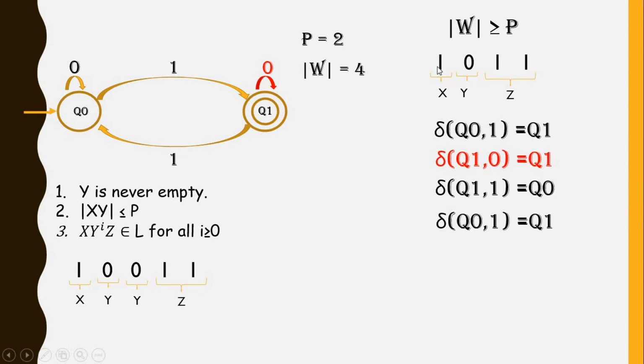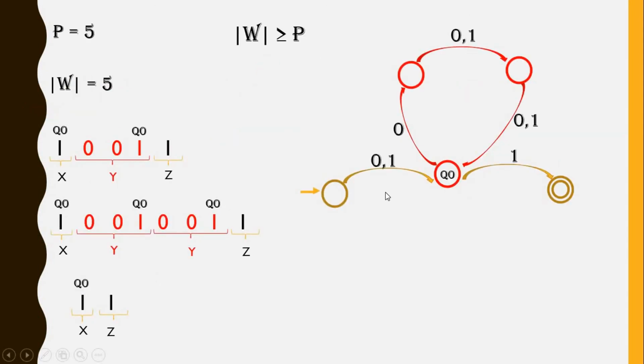In this example, the x part is not empty. Otherwise, when you pump up or pump down, you're out of the language, as you saw, right? In the previous example, the x and z part are not empty. Otherwise, you couldn't get the accept state, right?